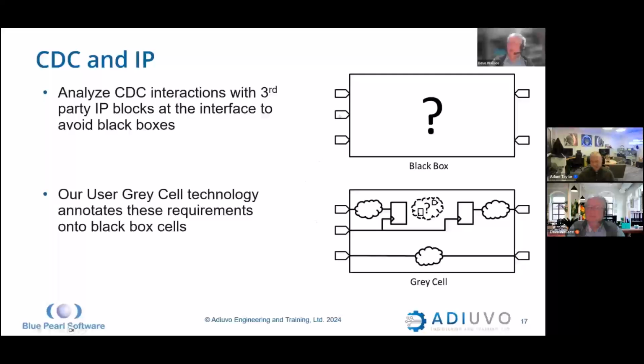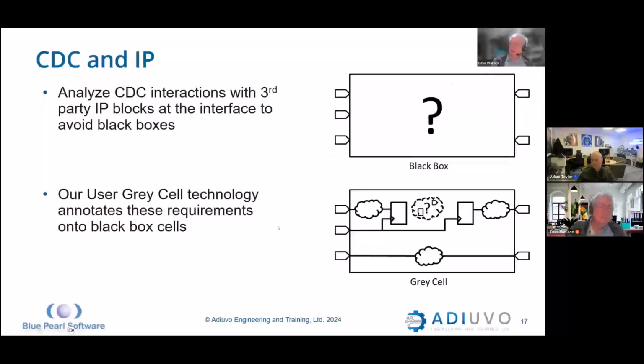On the inputs, what clock is the IP expecting that data to be originating from? Or does it have internal synchronization that can say it doesn't matter what clock it's originating from, I'm going to synchronize it internally? Likewise, on the output side, what clock is that data originating from, so that you can check it against the surrounding circuitry.